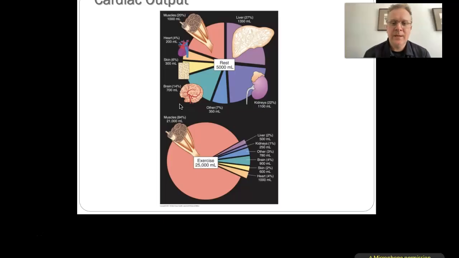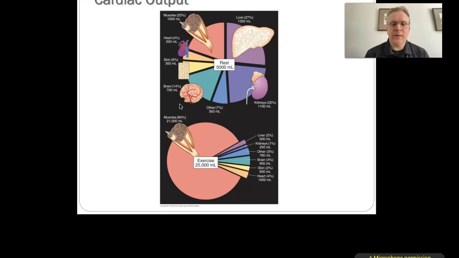But as soon as you start exercising, you see a dramatic increase of blood supply to the working tissue. Muscles at rest get around 20%, where muscles get 84% during exercise, to make sure that we get that oxygen to the working tissue.